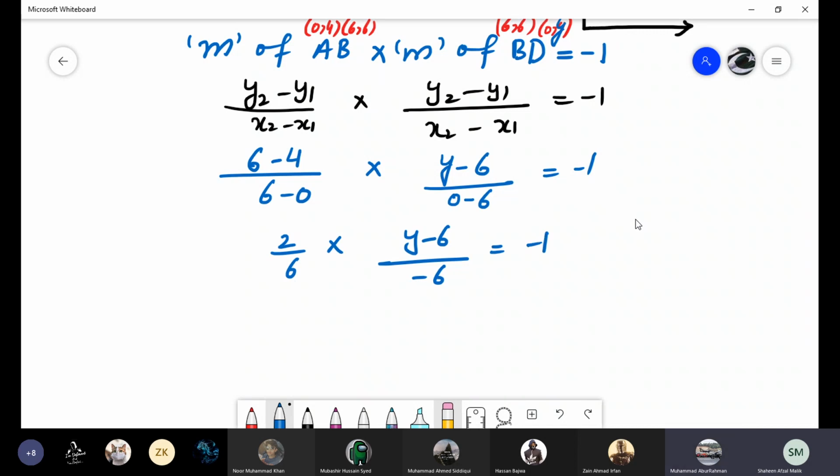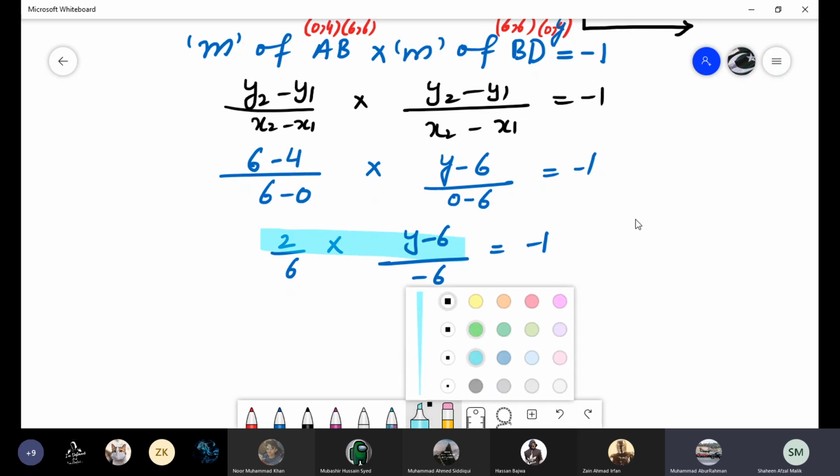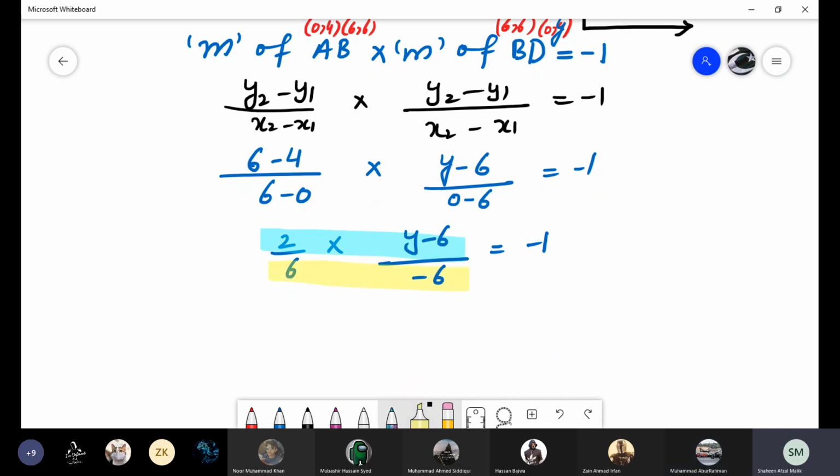You can directly multiply or you can do the cancellation up and down if you want to. But it's better to multiply directly: numerator with numerator and denominator with denominator. So it will be 2y minus 12 over minus 36, equal to -1.